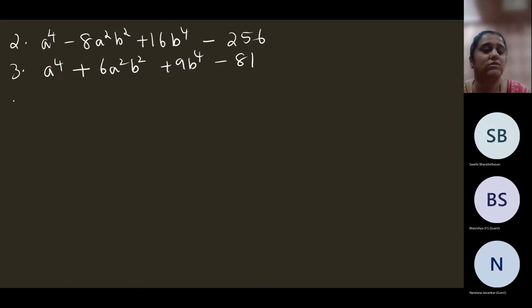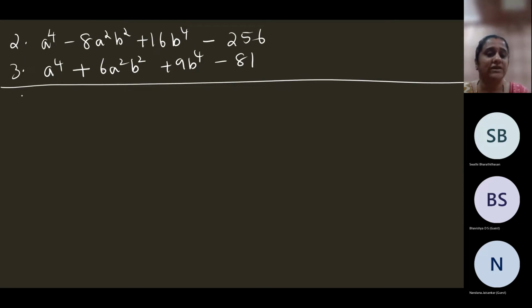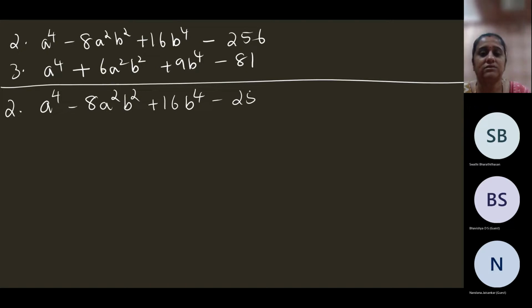So the second one, we'll first write the given expression. Now we have to factorize this. What we have to do is take the first 3 terms, because these 3 terms make a perfect square.